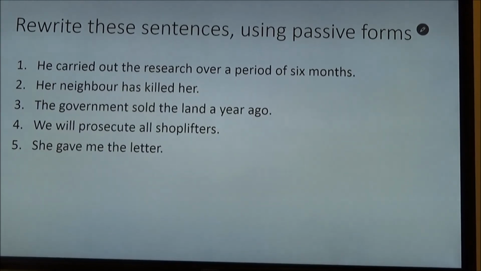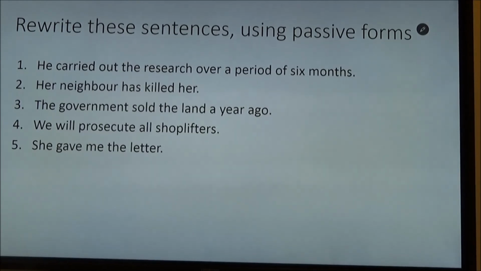Then the auxiliary verb, you were right, which is has. Has is the auxiliary verb. And then you add a form of to be. Yeah, a form of be, she has been killed. Excellent. I'm going to show all the answers on the next slide if you want that.